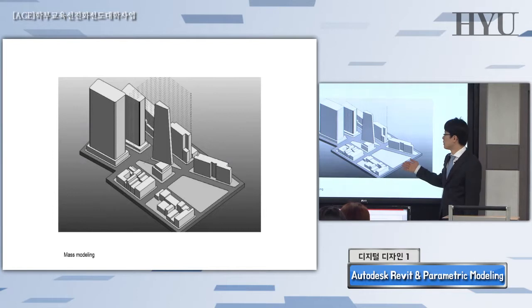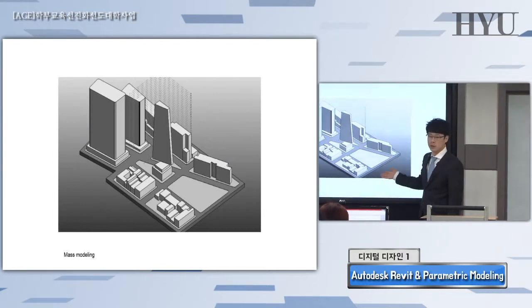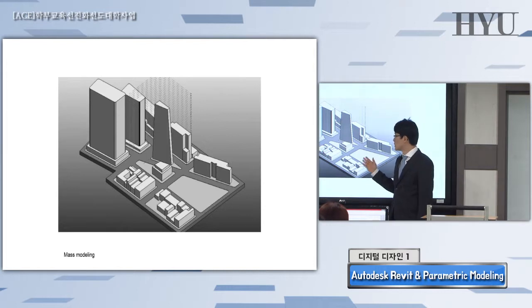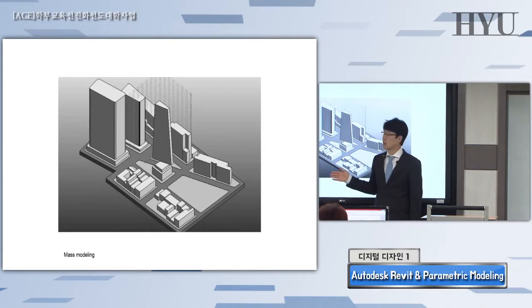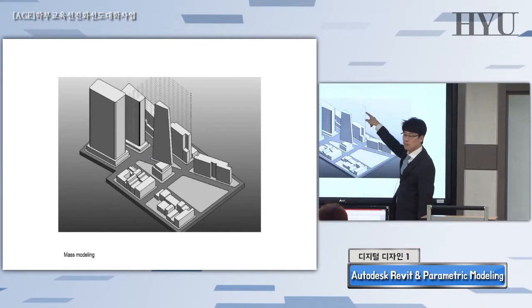And this is another mesh model made using Vasari. Of course, you can generate this kind of building mesh using SketchUp, simply using the push-pull tool. But this was generated by Autodesk Vasari. And there are a number of floor plans, floor levels.